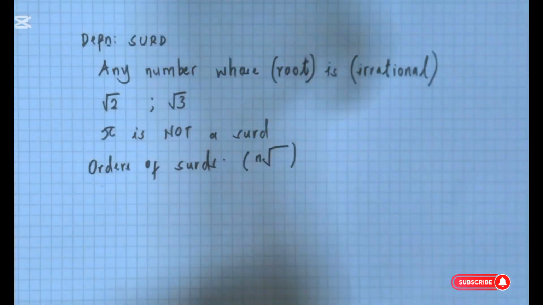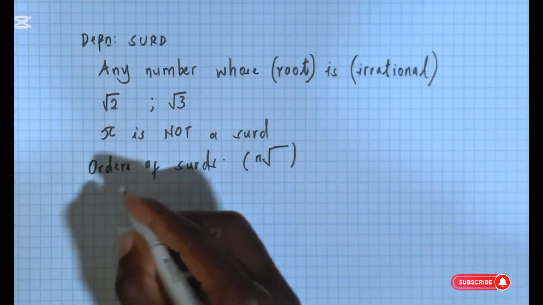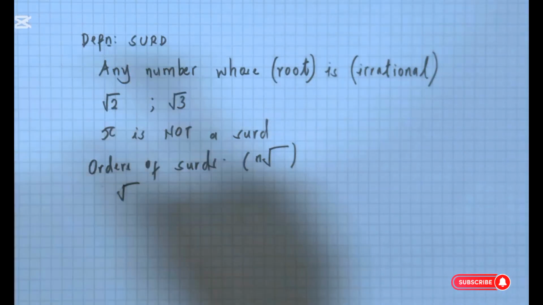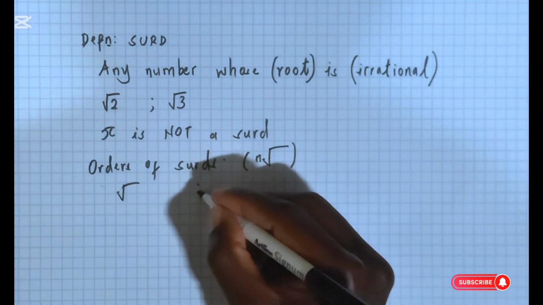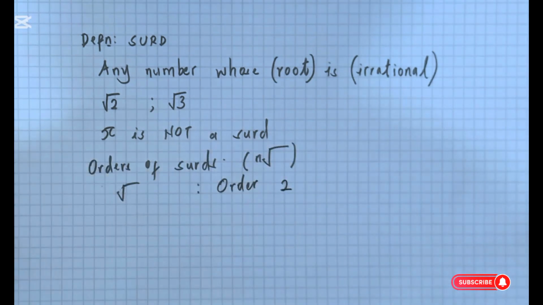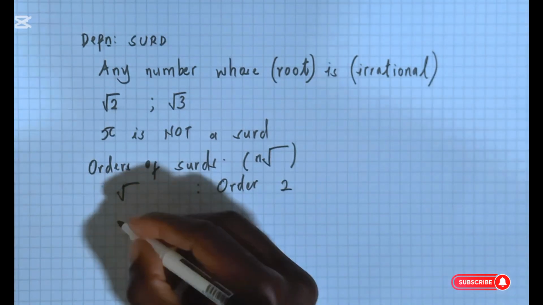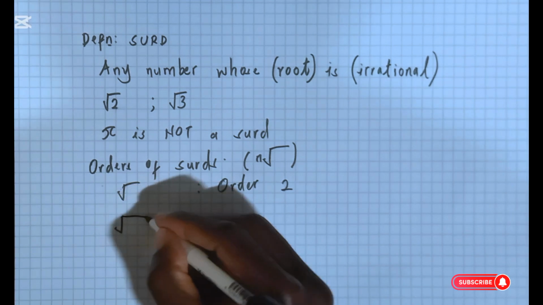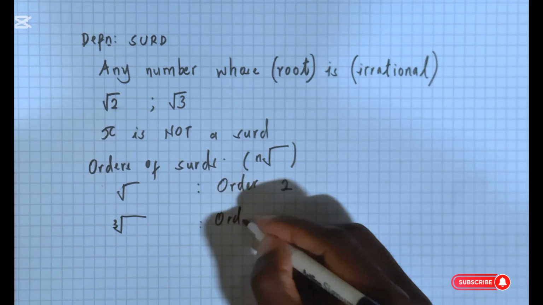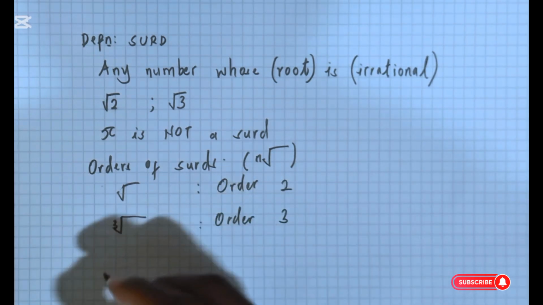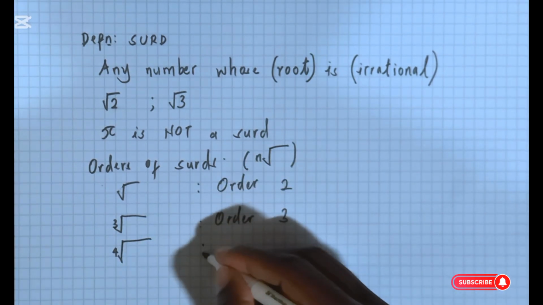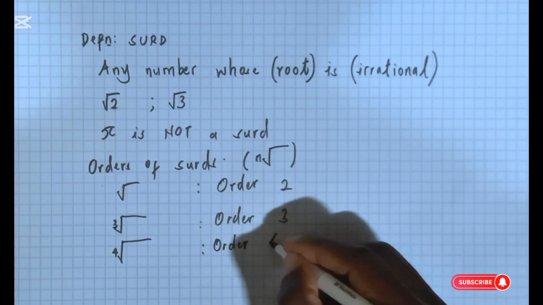Whenever you have a surd of order 2, which we know as the square root, we say that this is an order 2 surd. Whenever you have a surd where the n value is 3, we say that this is a surd of order 3. And whenever the n value is 4, we say that this is a surd of order 4.